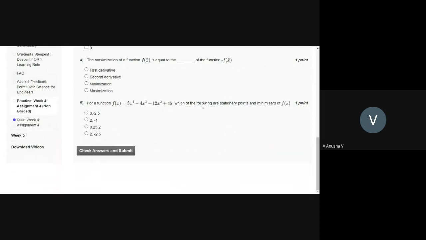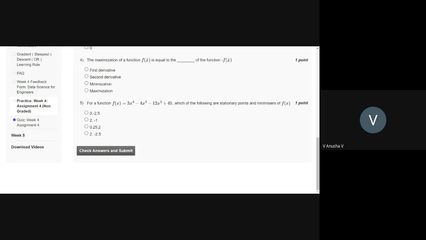For this function, which of the following are stationary points and minimizers? Can anyone please solve this one? You have to calculate the stationary points, and out of the stationary points, you also need to know the minimizer. So what will be the condition for a minimizer?